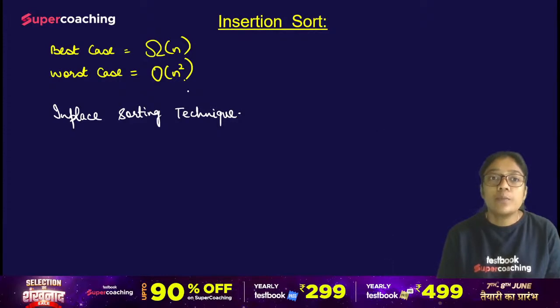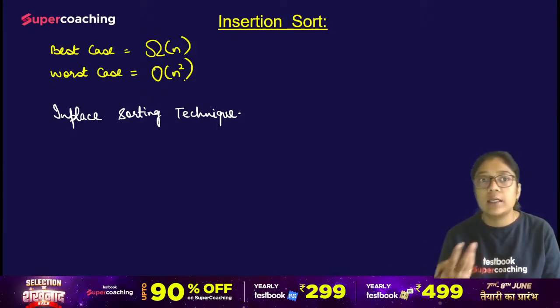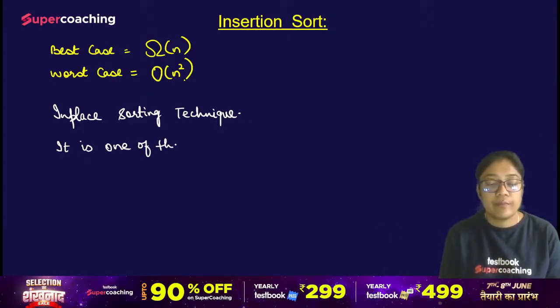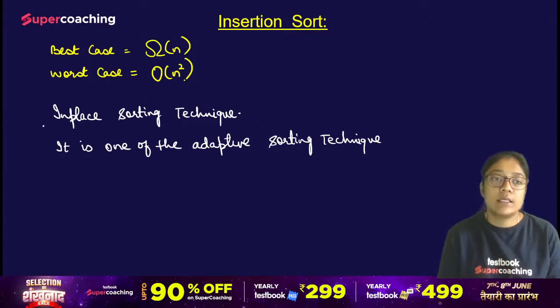No. So, sorry, yes. अगर आपके पास elements reverse order में given है तो time complexity n square है. अगर same order में sorted है then time complexity is n. This means that insertion sort is one of the adaptive sorting technique.